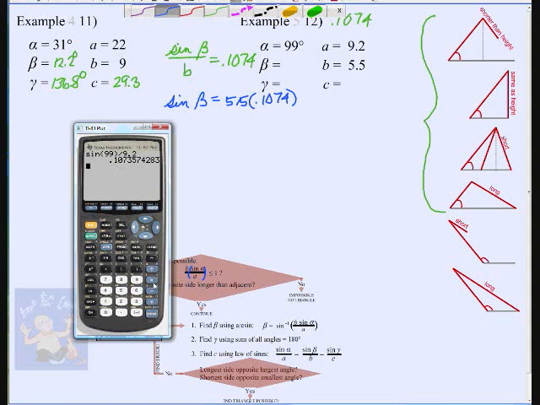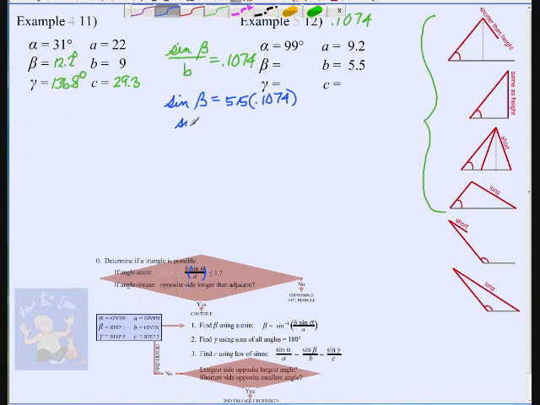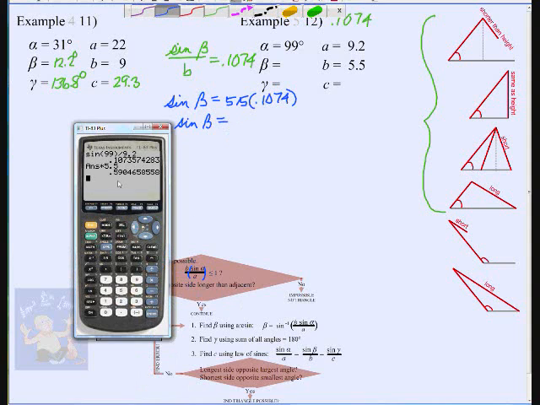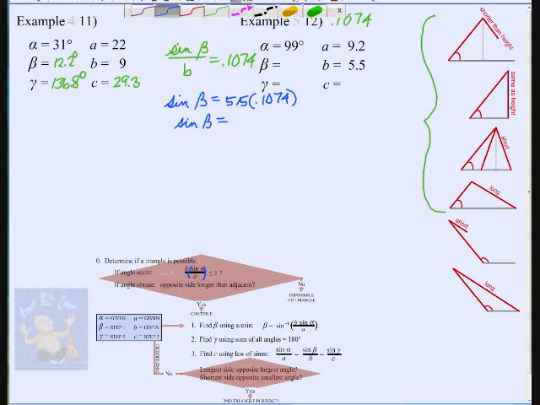Here's our ratio, and we're going to say times 5.5. So the sine of beta is equal to 0.5905. So we clearly have a possible triangle.